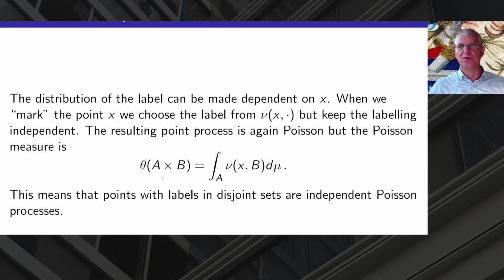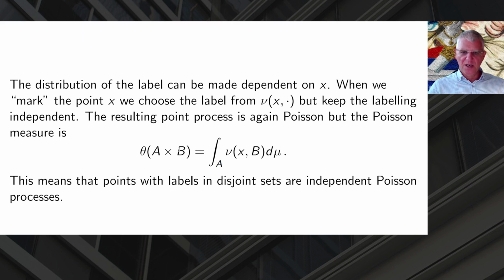So in one point you choose this die, in another point you choose that die, but you roll them independently, and you get the joint labeled Poisson process, and that labeled point process is again a Poisson process, and this integral gives you then the intensity of that new labeled Poisson process that lives on the Cartesian product of the space where the original Poisson process lives and the space where you choose labels. Okay.